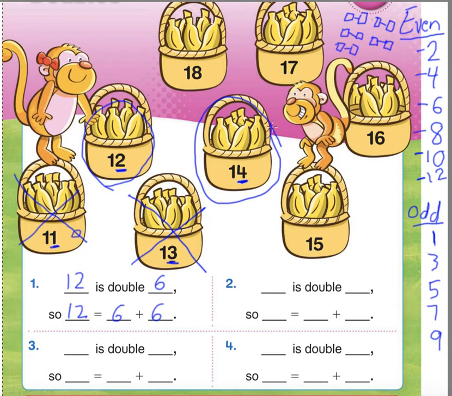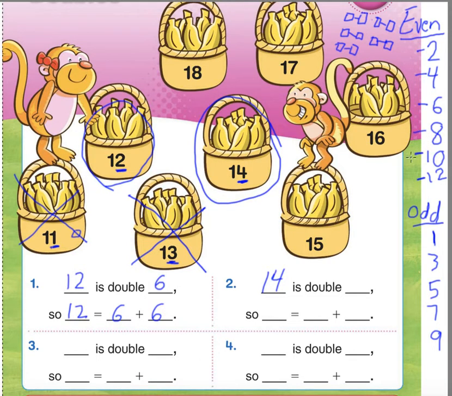So now we have to figure out what number we are going to double to make 14. First, let's write down 14 for number 2, because we found another doubles fact number. So 14 is double. Oh man, this is tough. Let's go through our doubles facts again. Well, I know 4 plus 4 is 8.